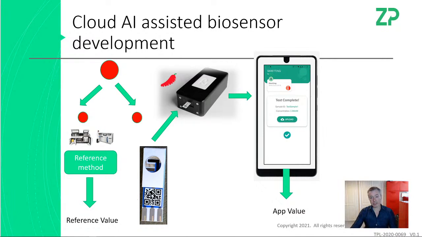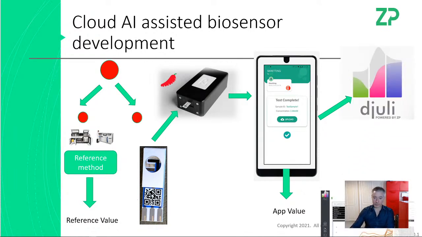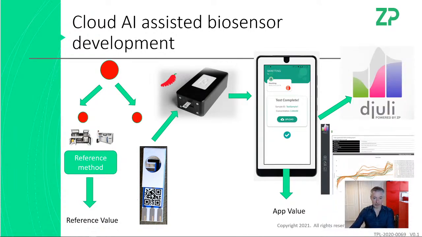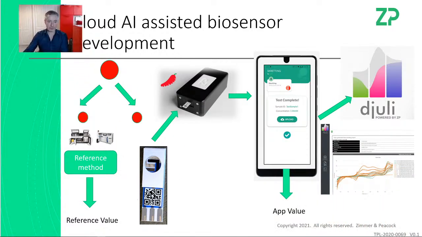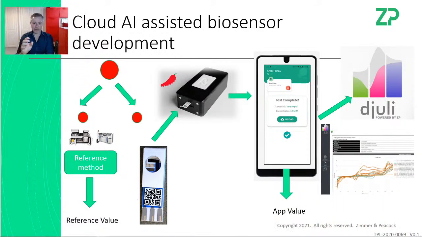But what we're really able to do, and I hope Shirley's online, is send the raw data off this app onto Julie. So now, I'll move myself slightly out of the way.